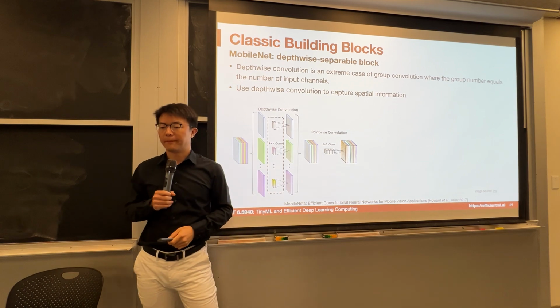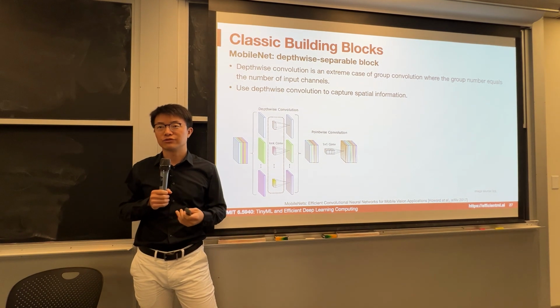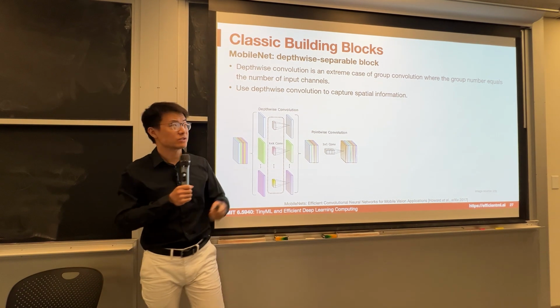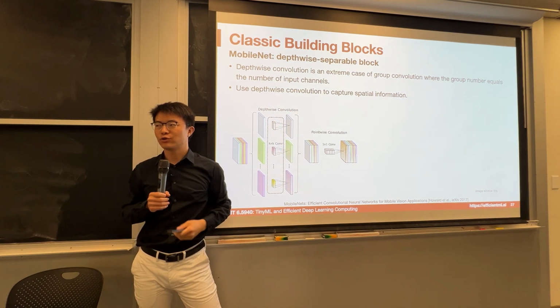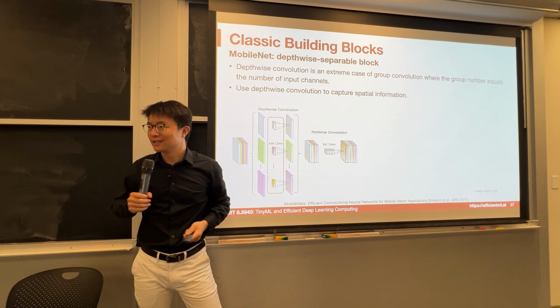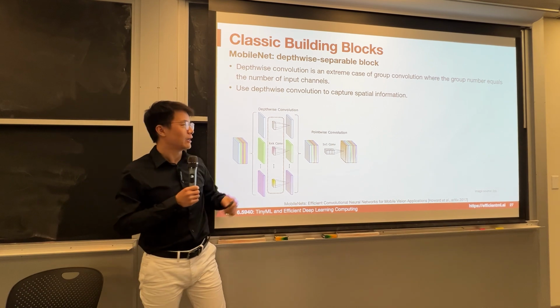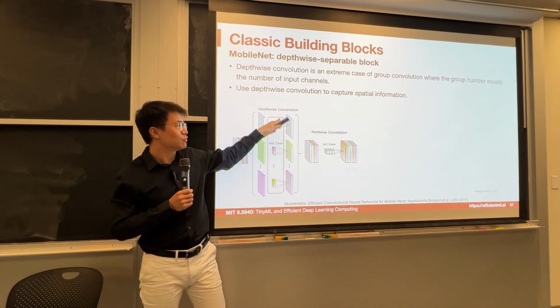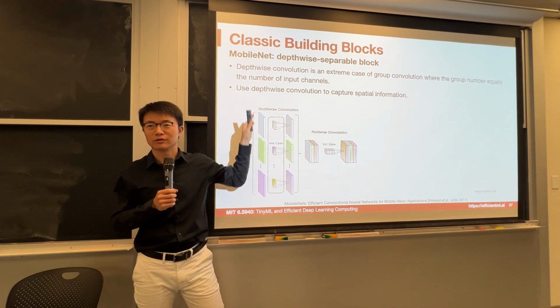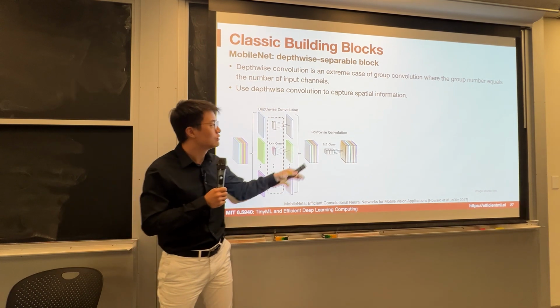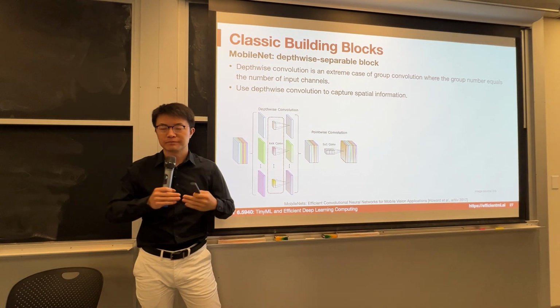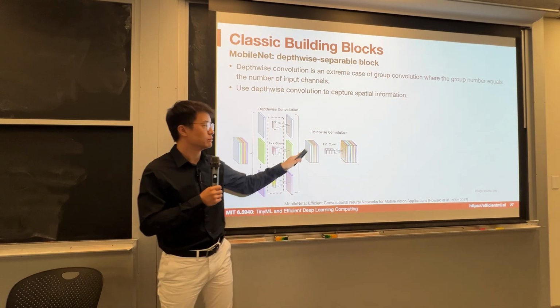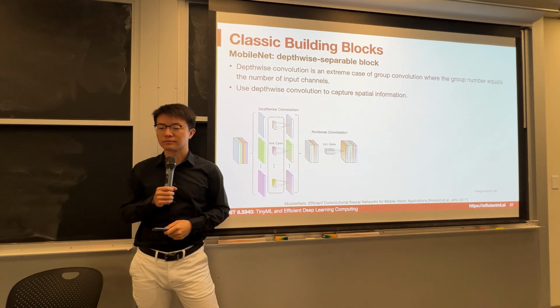The 1x1 is just mingling the information among different channels. That's why it's called a depth-wise separable block. You separate the functionality: the 3x3 depth-wise conv is responsible for spatial modeling, while the 1x1 convolution is responsible for modeling the channel dimension, mingling different channels.